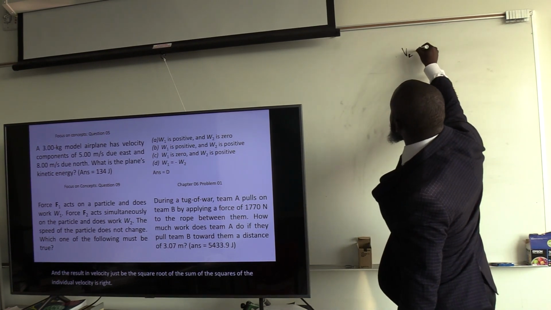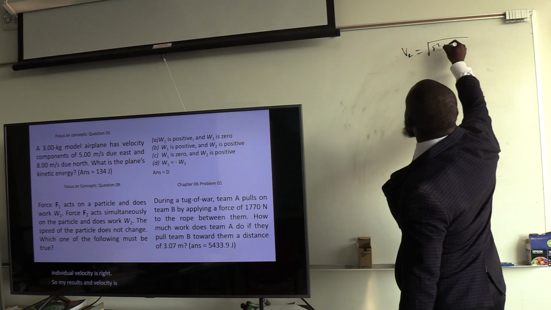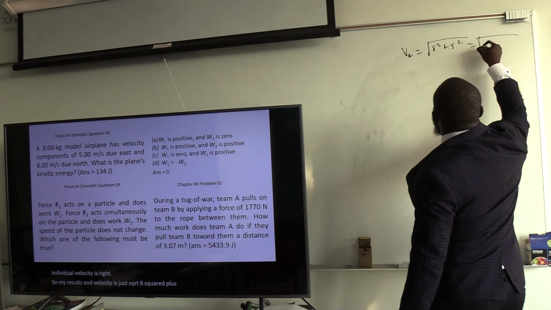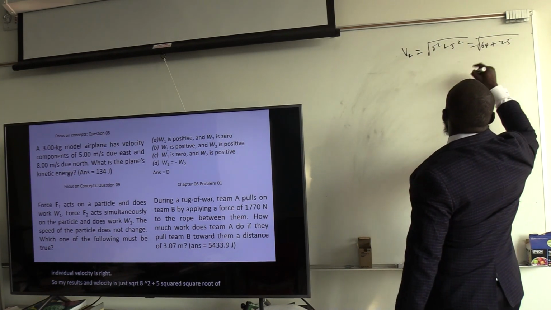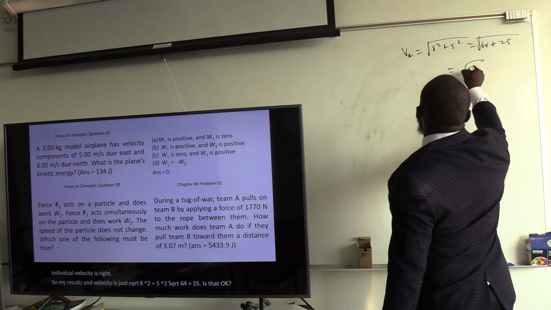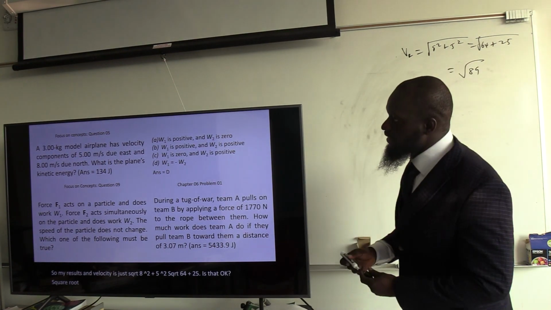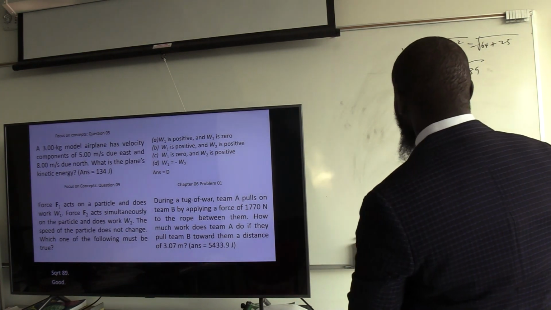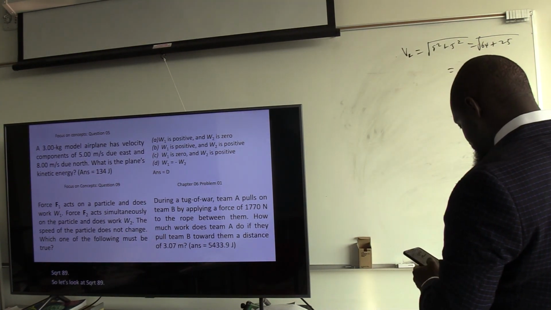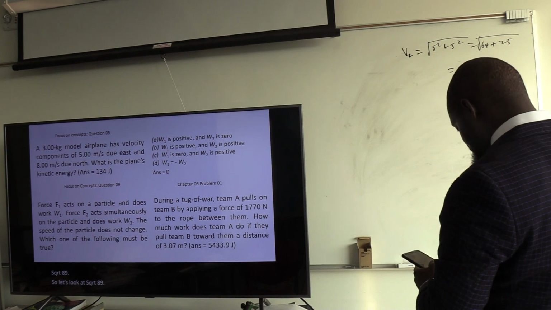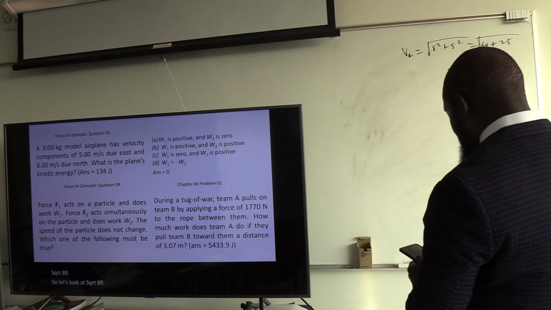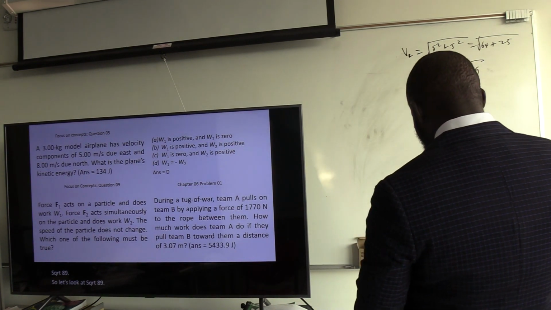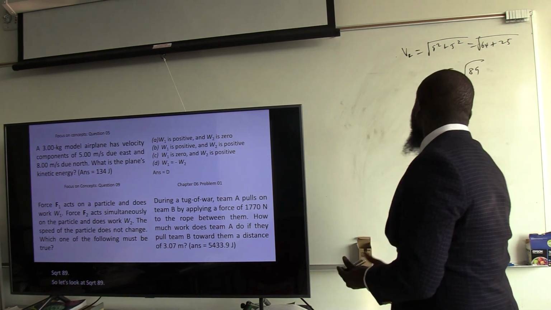So my resultant velocity is just the square root of 8 squared plus 5 squared, square root of 64 plus 25. Is that okay? Square root of 89. Good. So let's look at the square root of 89, 9.434.